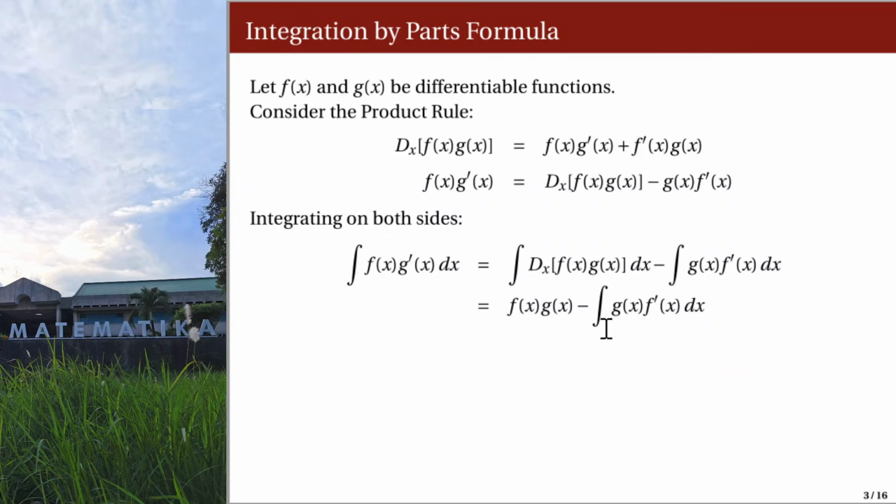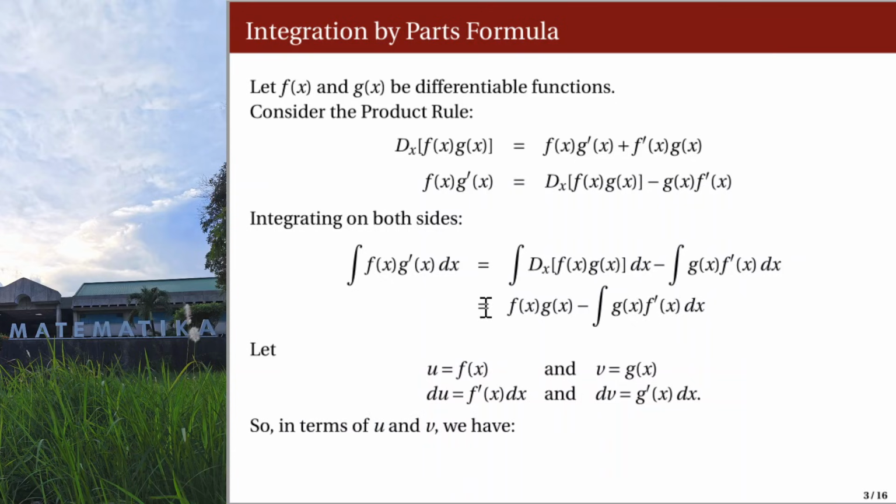Okay? So, what we want to do next is to rewrite this in terms of u and v. So, we will let u equals f, v equals g, then ang du natin will be f prime dx, while our dv is g prime dx. So, it's just differentiation. And then, we will write this equation in terms of u and v.